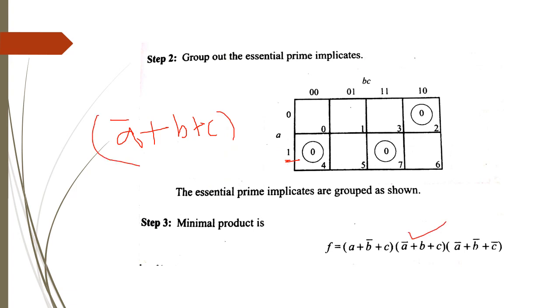Similarly, I have a plus b bar plus c for this one, and the last one corresponds to this, so it is a bar plus b bar plus c bar. So this is how you write the minimal product of this particular term.